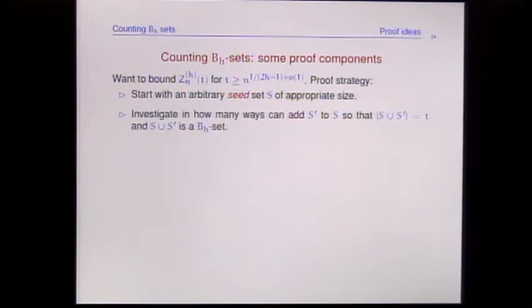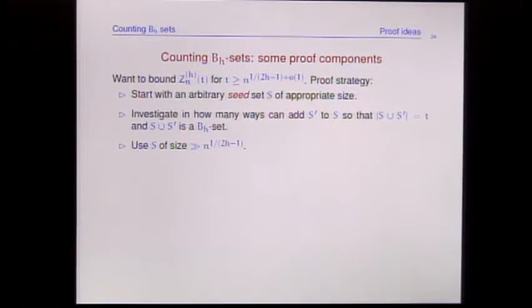So we want to investigate in how many ways we can add S prime to S so that S union S prime is a BH set. My aim is to count T-element BH sets, so I want to add S prime so that I get a set of size T at the end. This is very simplified, but this is what we want to do.